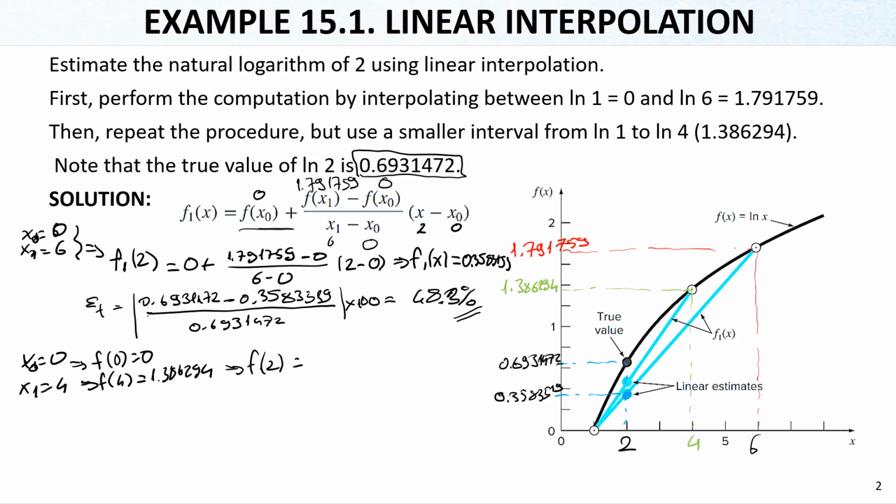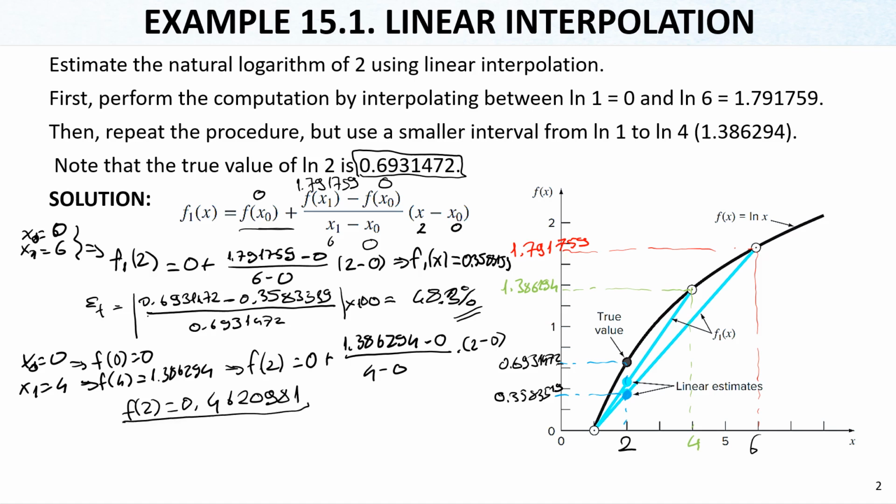Again, use the formulation here: f(x0) is 0, plus f(x1) is 1.386294 minus f(x0) is 0, divided by 4 minus 0, times 2 minus 0. From here, f1(2) is 0.462091. You can see that we are getting closer to the actual value, which is here.